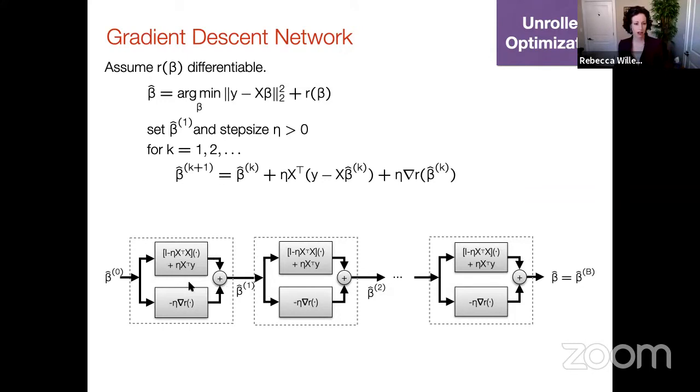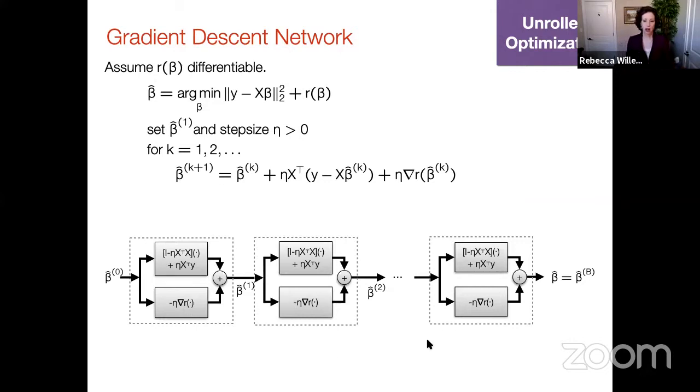So I start with some initial estimate, and then in each block, I've got my step that corresponds to the negative gradient of my squared error loss, and in parallel, a step that corresponds to the negative gradient of my regularizer. And I do this B different times.